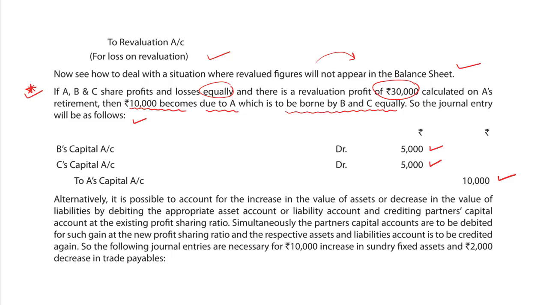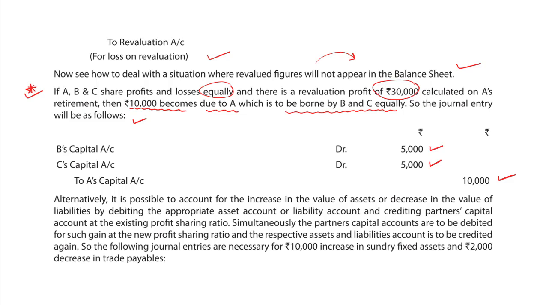Alternatively, it is possible to account for the increase in the value of assets or decrease in the value of liabilities by debiting the appropriate assets account or liability account and crediting partners' capital accounts at the existing profit sharing ratio.